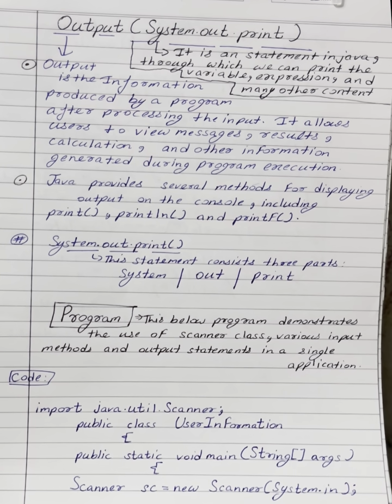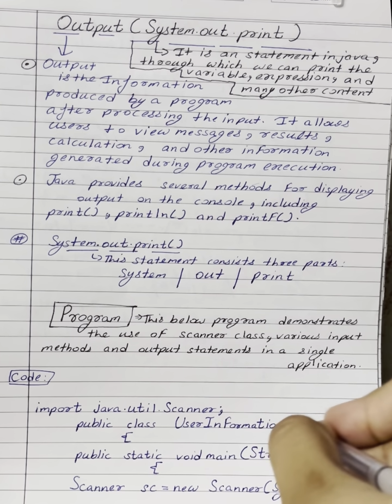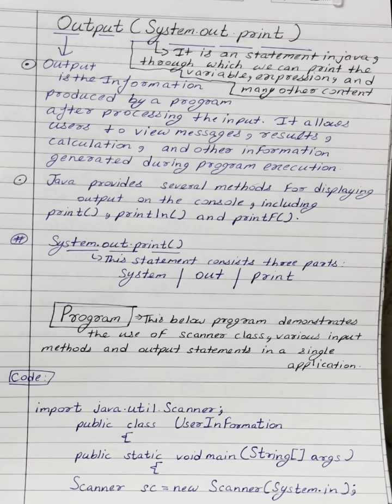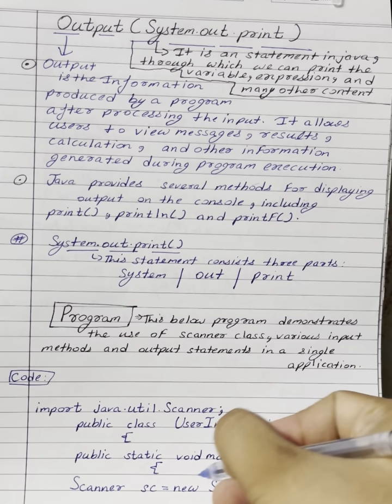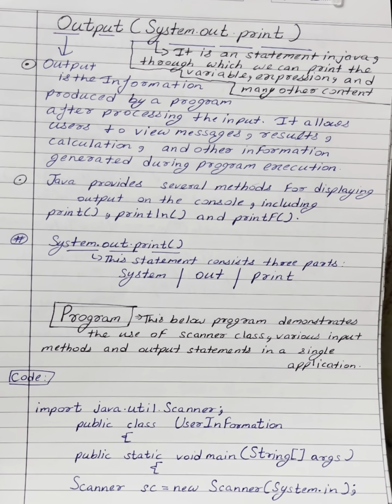First in this code we declare a class named UserInformation, and then the main method, which is the entry point of every Java application, and program execution begins from this method. After that we create the Scanner object by writing this code. This statement creates a Scanner object named sc, connected to System.in, which allows the program to read data through the keyboard.